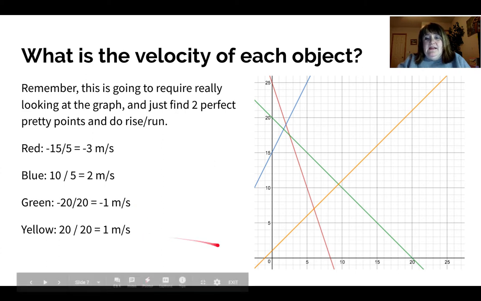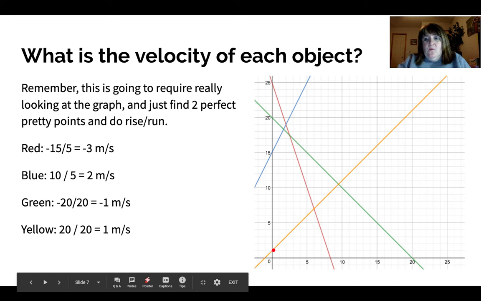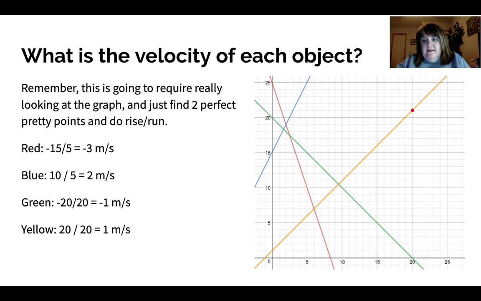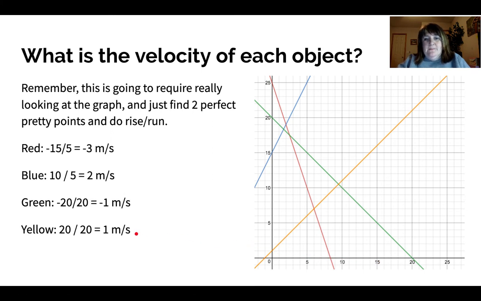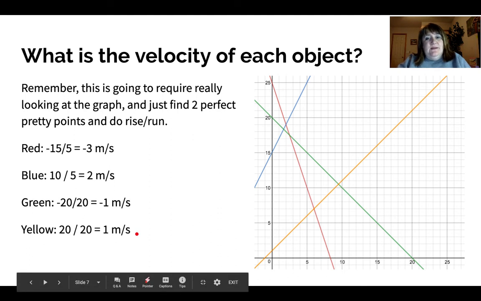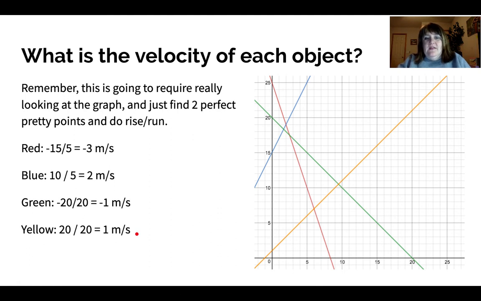And the yellow line goes from 1 to 21, okay, which is a rise of 20 in 20 seconds, which makes its velocity 1 meter per second. So you have to be able to calculate the slope of the line, find two perfect pretty points, and do the distance divided by the time.